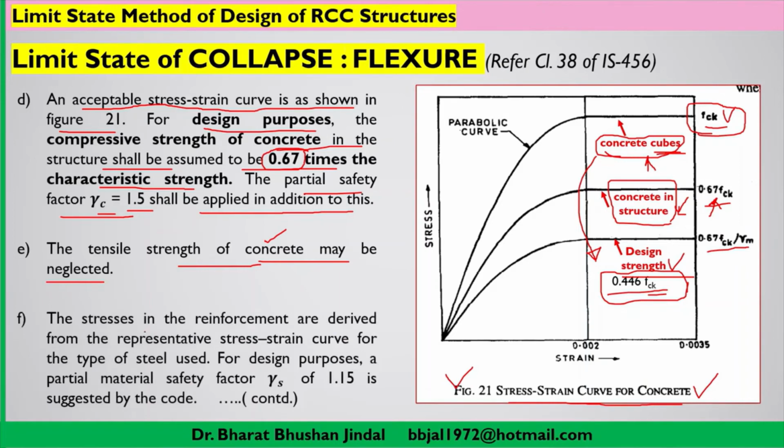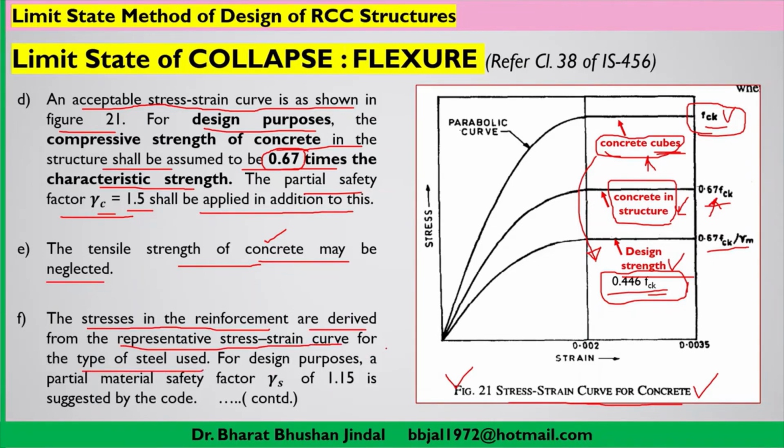Now another very important assumption which we have to take into consideration: the stresses in the reinforcement are derived from the representative stress strain curve for the type of steel used.